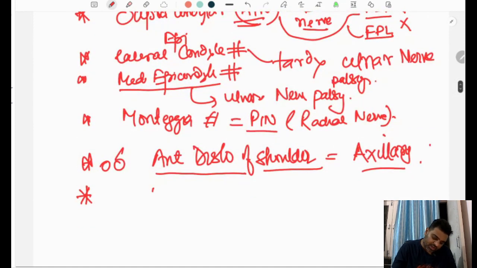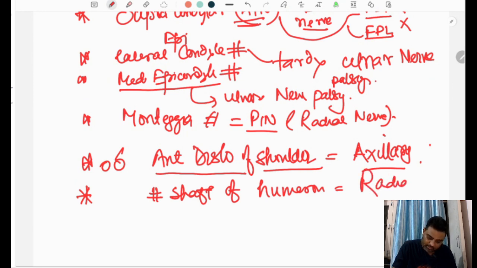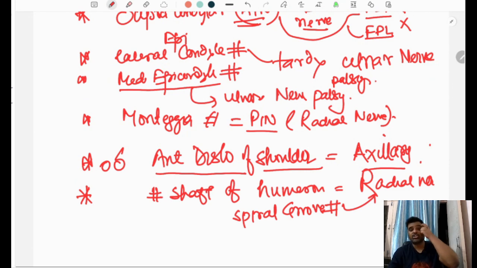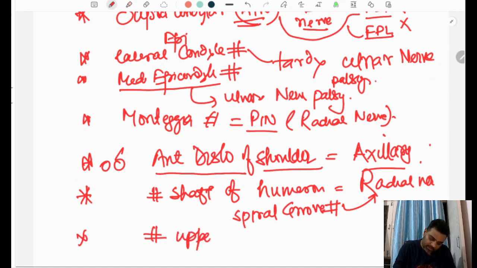Then in cases of fracture of the shaft of the humerus, it is the radial nerve. If they say spiral groove fracture, then it is also the radial nerve. If they ask you which is the most common nerve involved in fracture of the upper shaft of the humerus, then your answer will be again the axillary nerve.